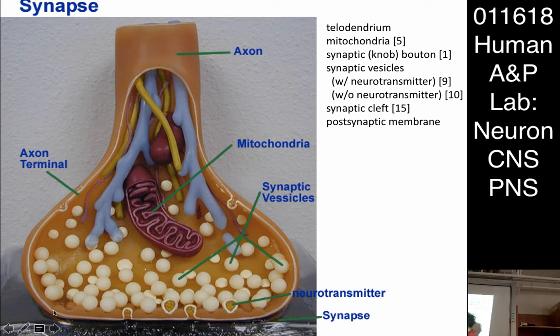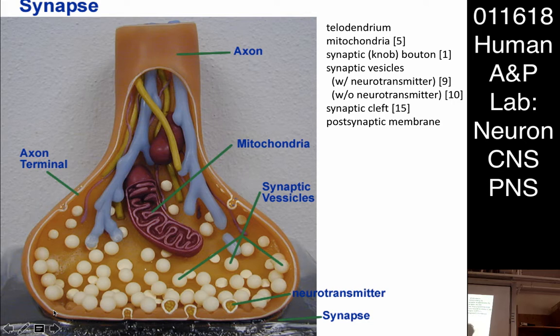So mitochondria are responsible for the production of ATP. And this whole process requires plenty of ATP, so there's going to be a mitochondrion on site in the synaptic bouton to serve the ATP needs of the synapse.